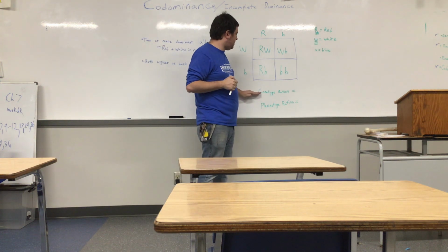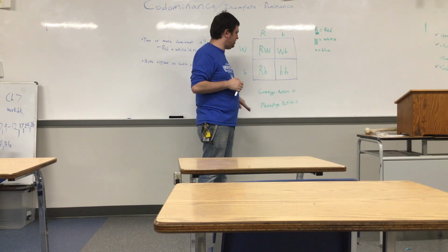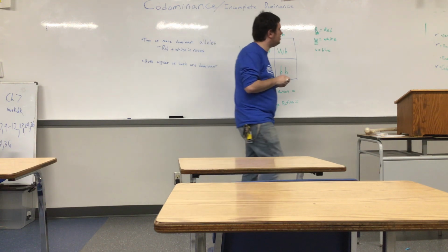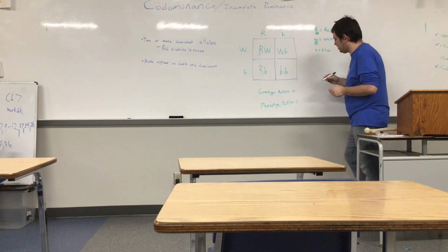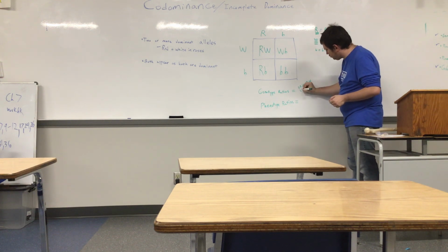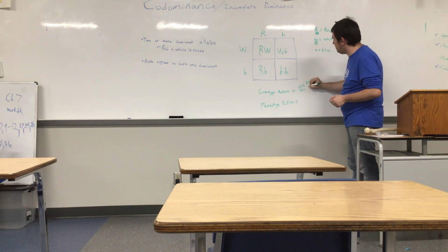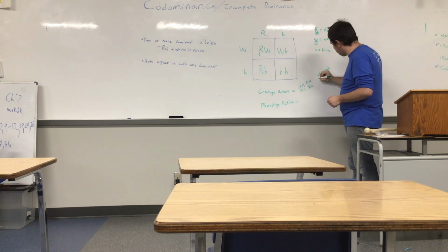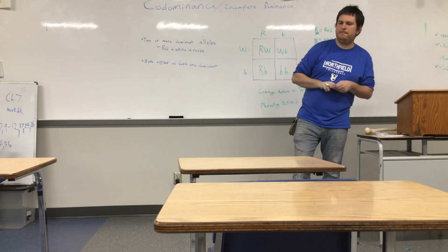Now we need to do the genotype ratios and the phenotype ratios. Your genotype ratios: we have 25% RW, 25% RB, 25% WB, and 25% BB.